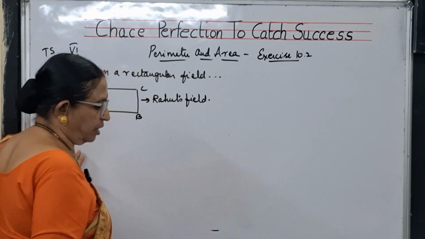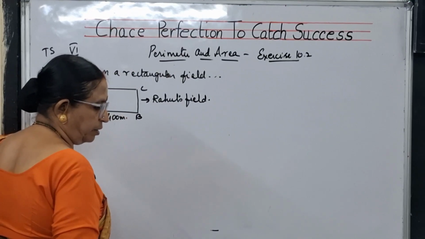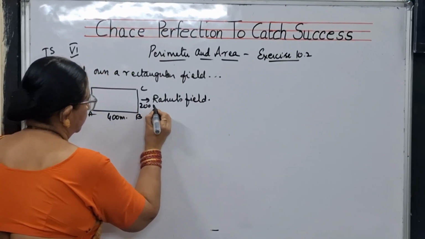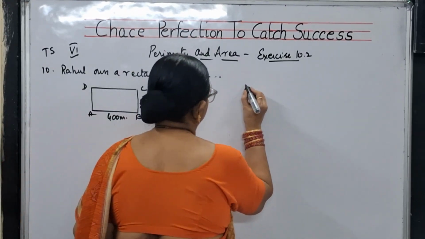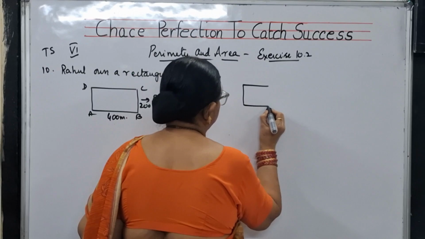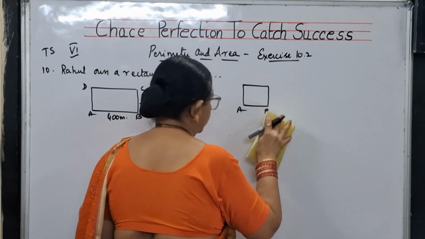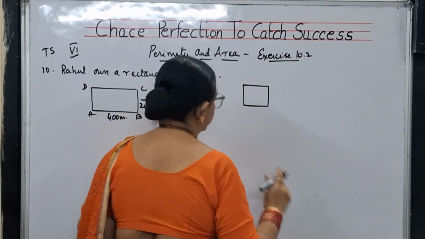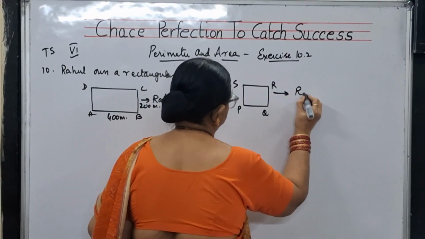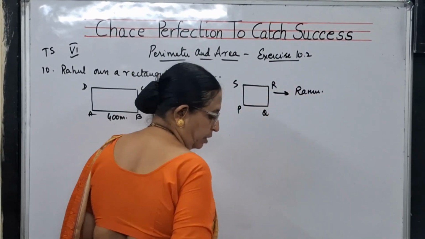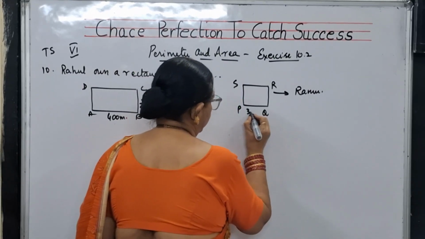Rahul owns a rectangular field of length 400 meters and breadth 200 meters. And his friend Ramu owns a square field. So, another field which is a square. Already I have written ABCD, so I'll write PQRS. This is owned by Ramu. In this, what did they say? Ramu owns a square field of length 300 meters.